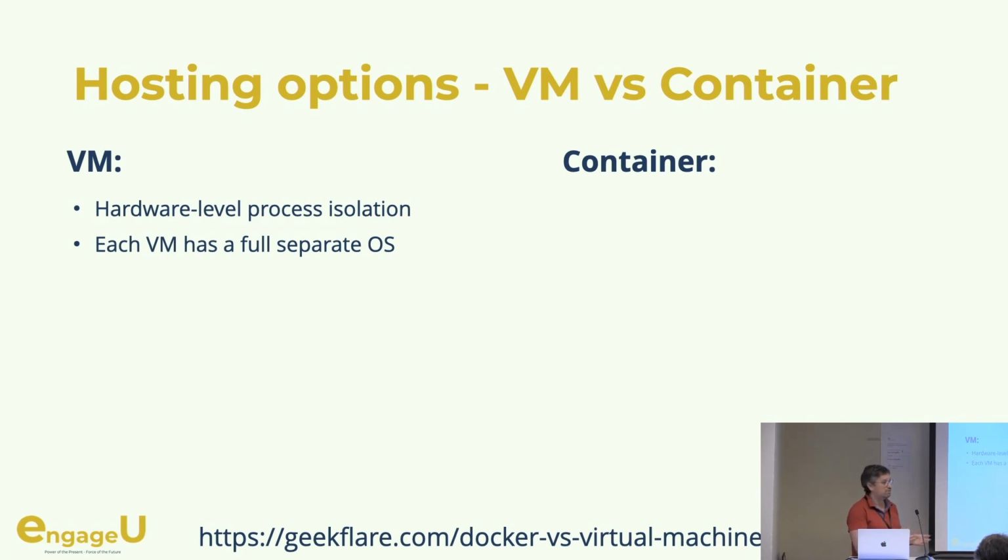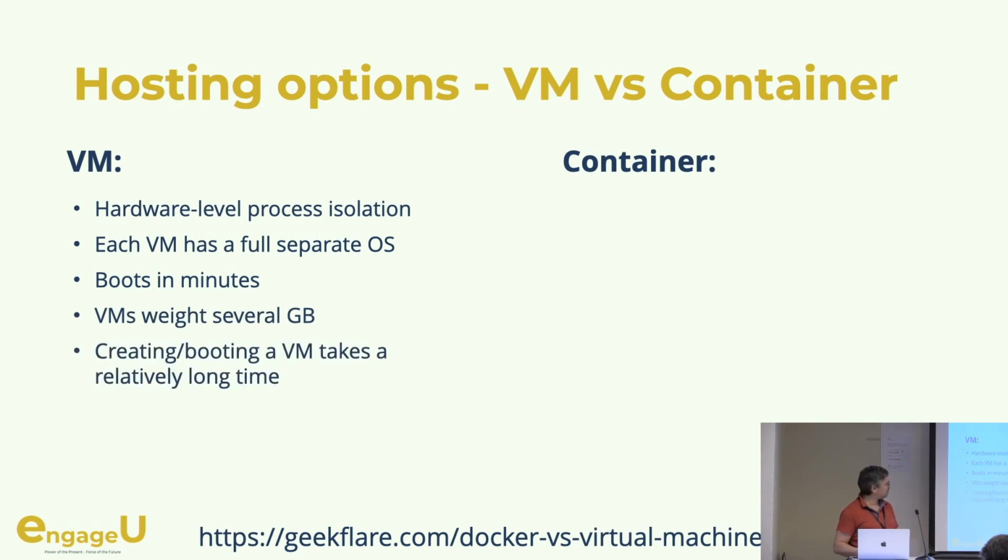So if you have, for instance, a Windows VM, you have the 30 gigabytes of Windows installed each time you have a VM running on your host. So it can use a lot of space for nothing, because it's always the same files. It takes a long time to boot. Of course, you have to boot the full system when you start it. It's pretty heavy because of the system.